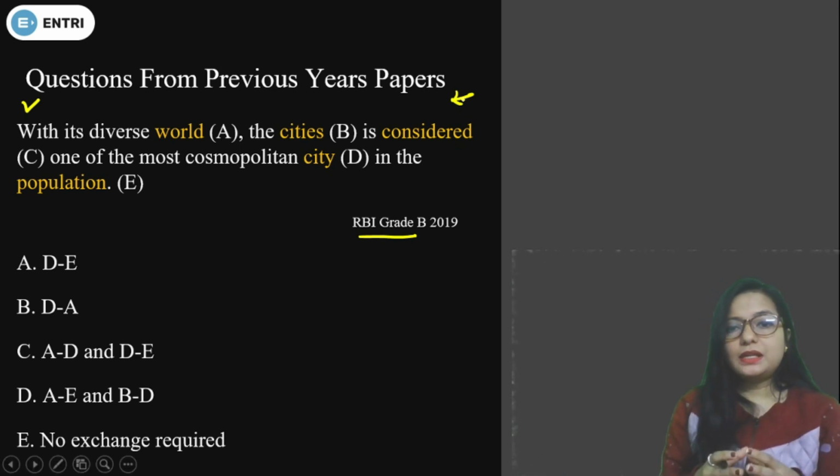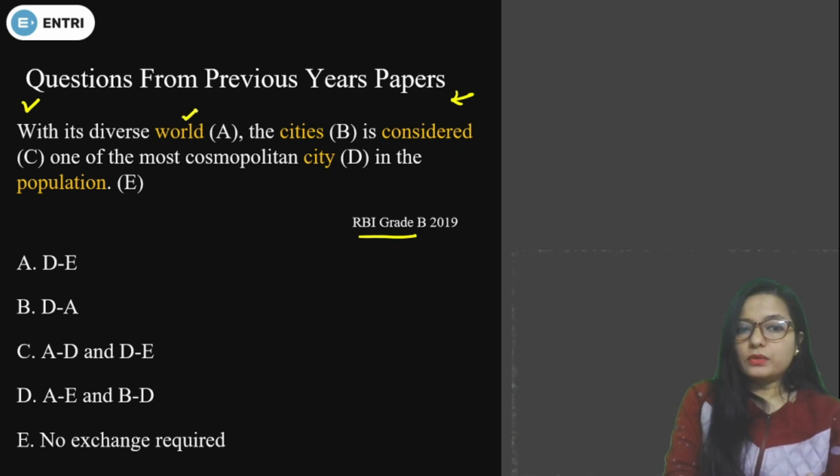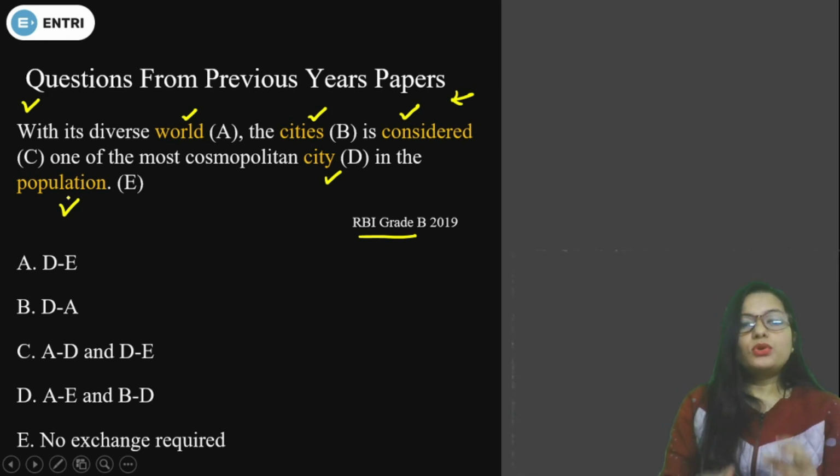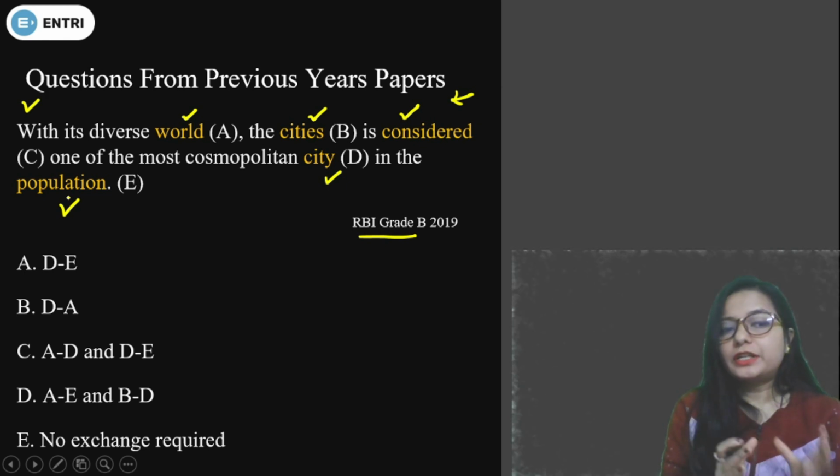This is basically based on word swap, where you can see 5 words, like world, cities, considered, city, and population, have been converted into a different color, or they can be given in bold. So you have to swap them if it is required.